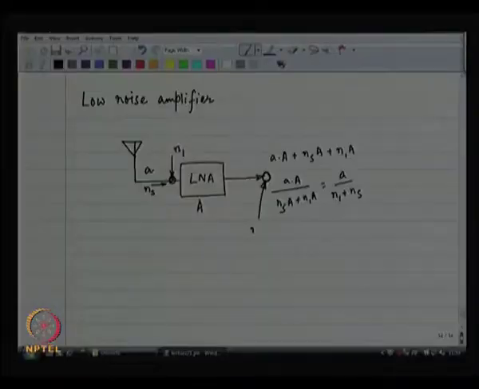If I add N2 over here, then the total noise is going to be this plus N2, and this plus N2 is not going to make a dent in my equation because A is large. So, this is my plan. That is why I want to make a very good amplifier right up front, right next to the antenna. It should be a low noise amplifier.